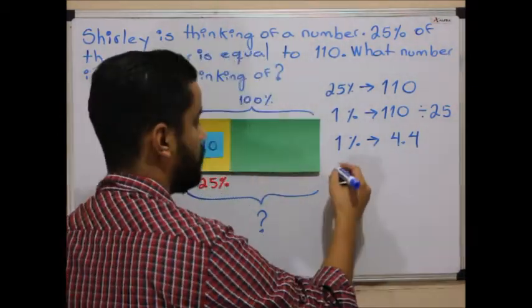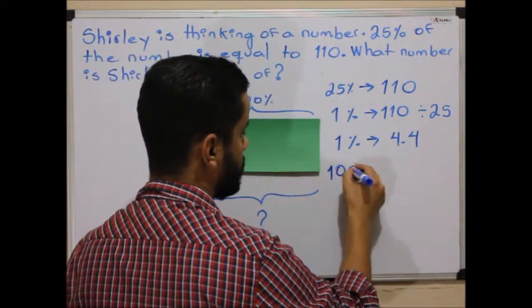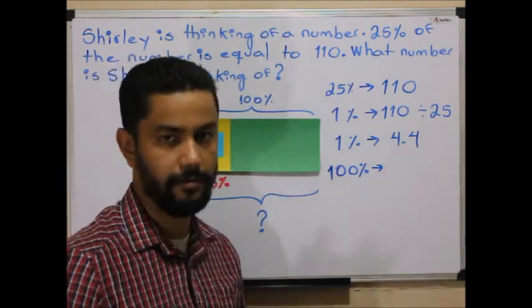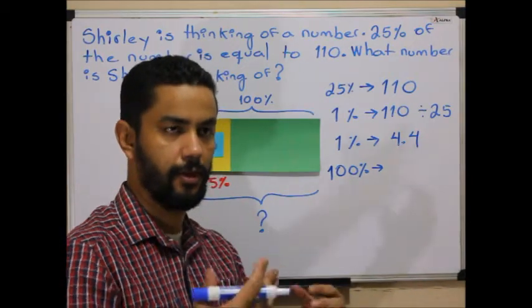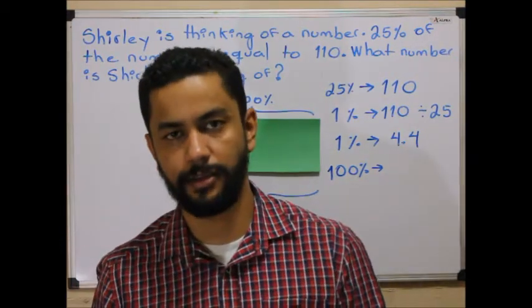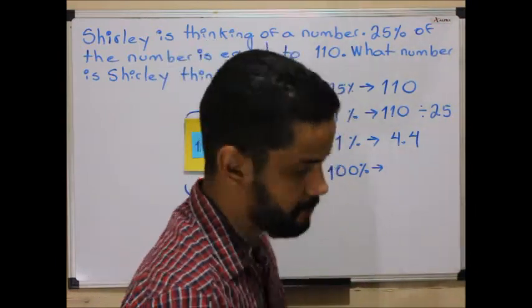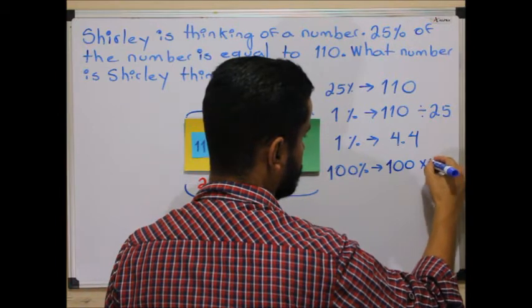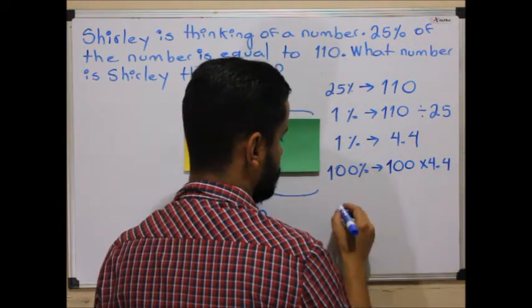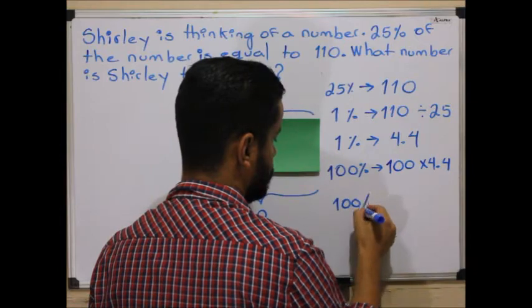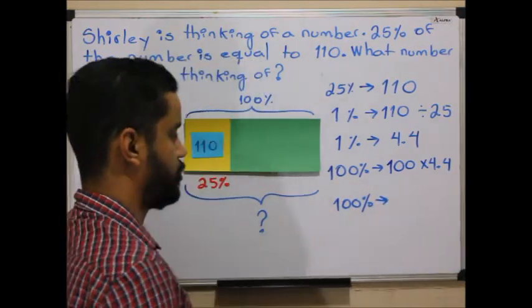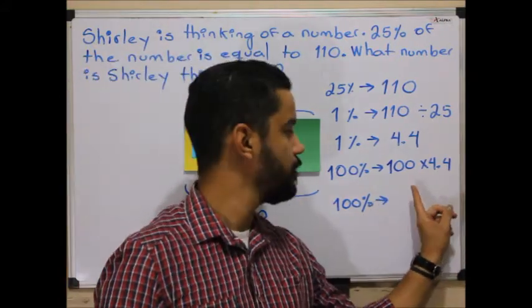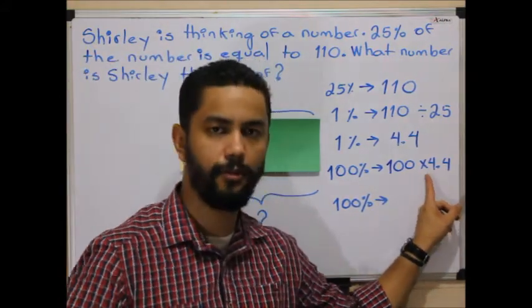So, 100% will be what? 100 times 4.4. So, our 100% will be the product of 100 times 4.4.